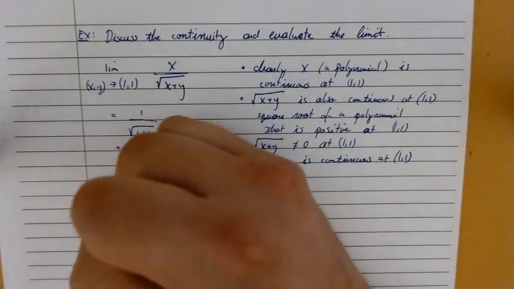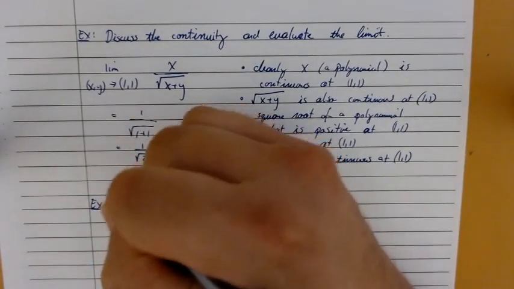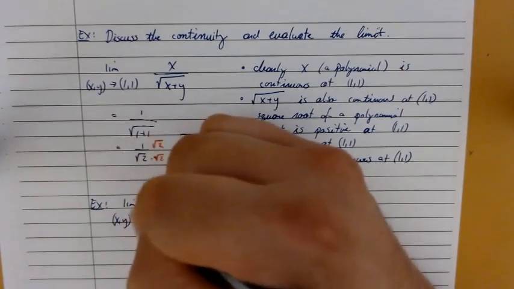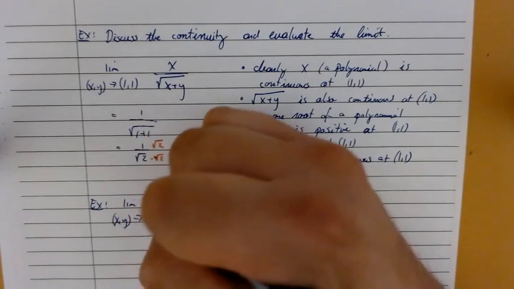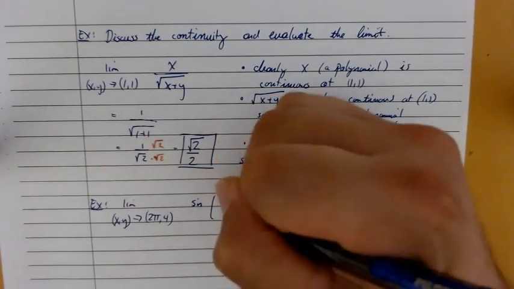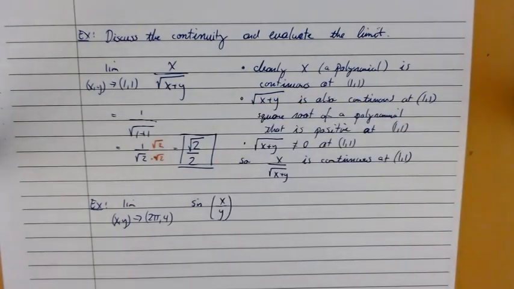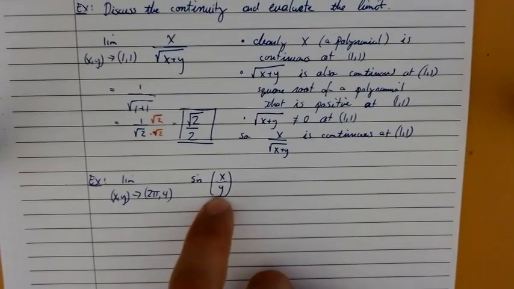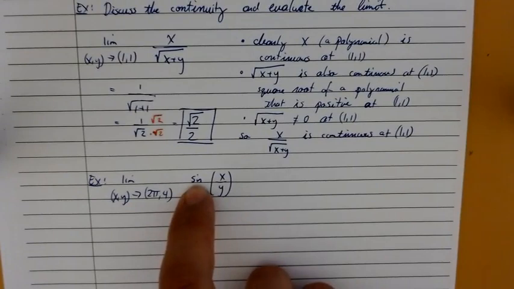Let's take a look at one more that involves a composition. Let's take the limit as (x, y) approaches (2 pi, 4) of the sine of x over y. Okay. All right, so composition, one function inside of another, a rational function inside of a sine function.